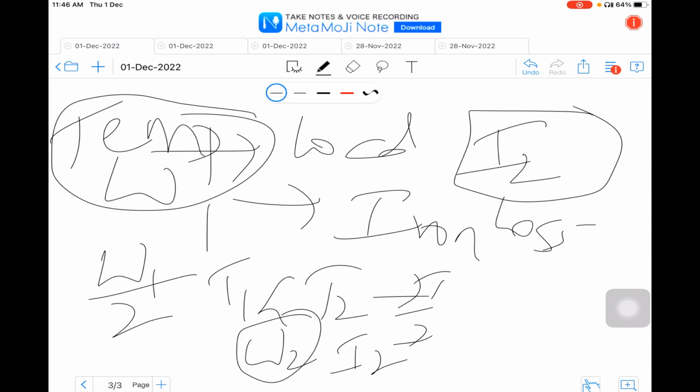So, in this method, apart from obtaining the regulation and efficiency, we will also be able to obtain the temperature parameters. Thank you.